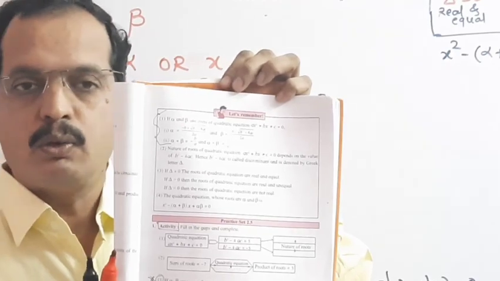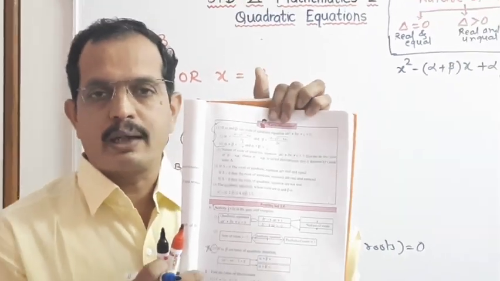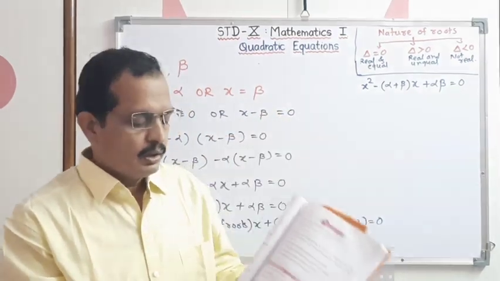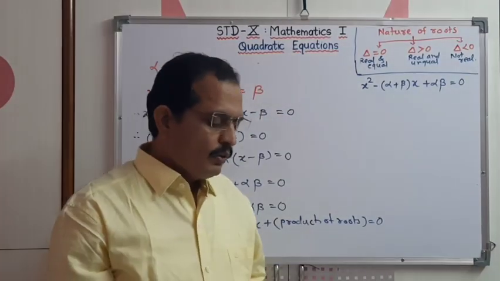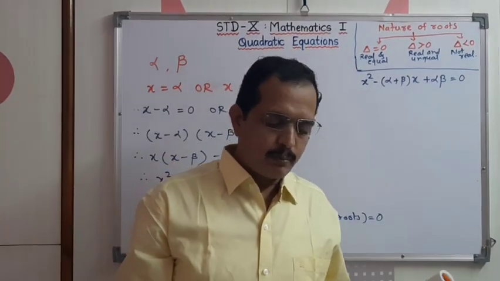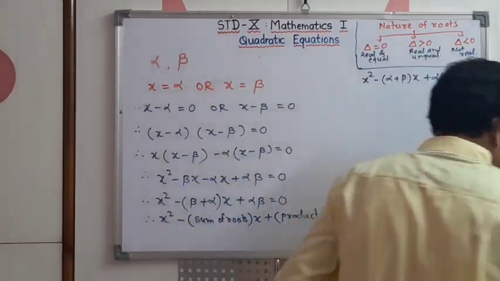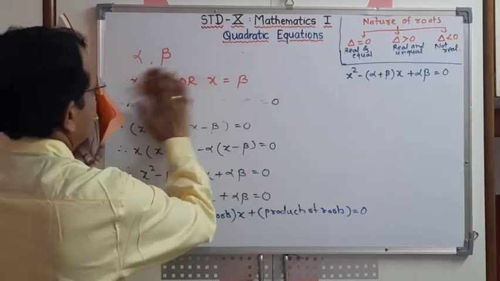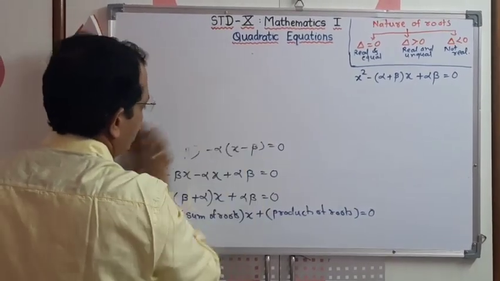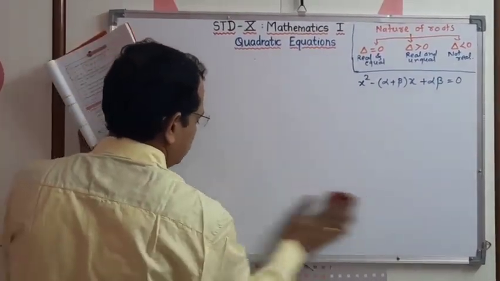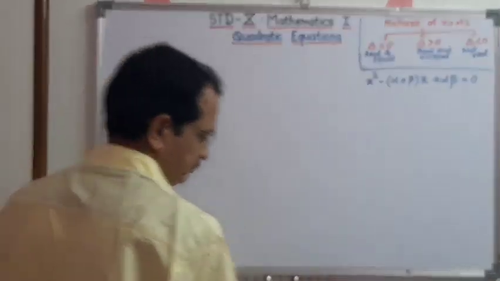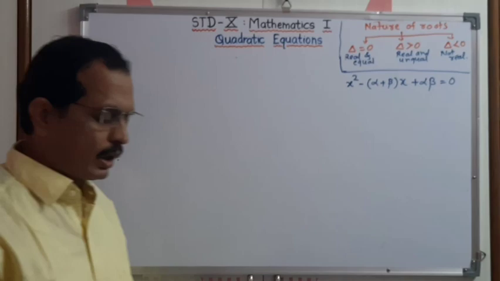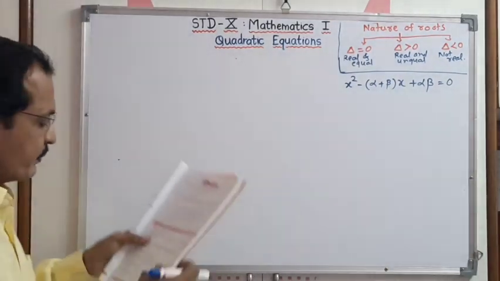Now we have to start with practice set 2.5, question number one. Fill in the gaps and complete. It is an activity based question. Some fill-ups are given and we have to write them. See, quadratic equation is given.